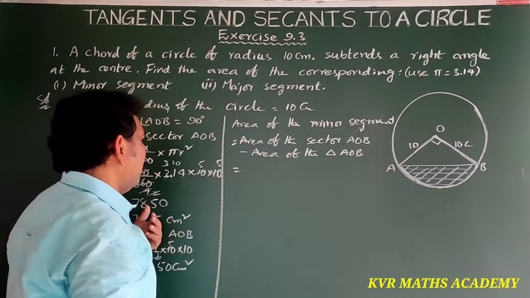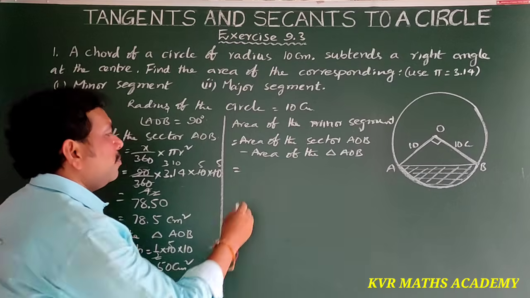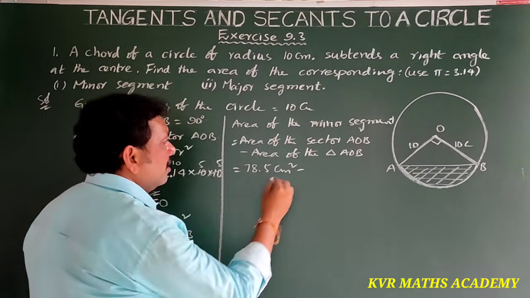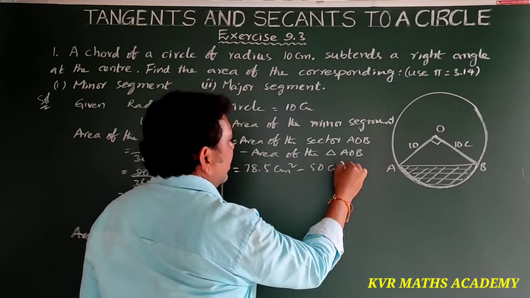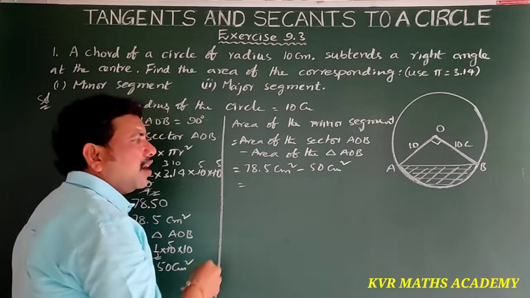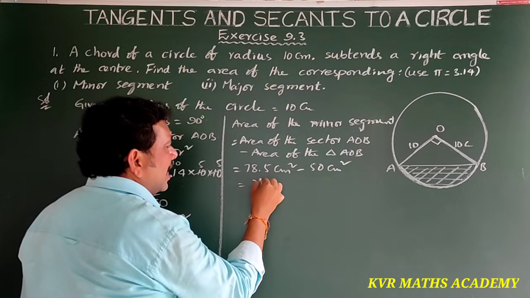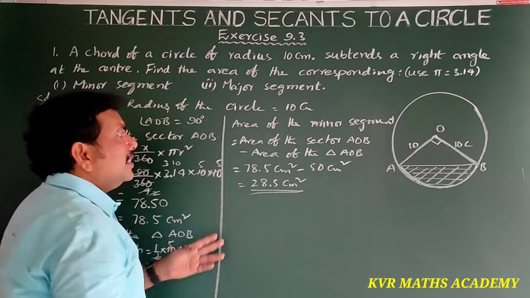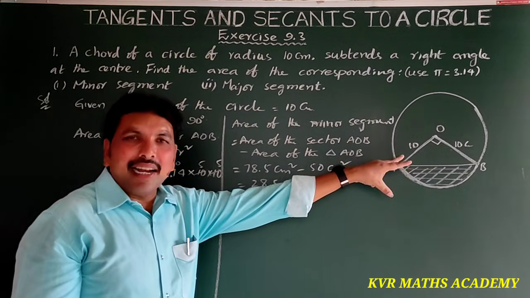So that is equal to the area of the sector, 78.5 centimeter square, minus 50 centimeter square. So that is equal to 78.5 minus 50, exactly 28.5 centimeter square. This is the area of the minor segment.